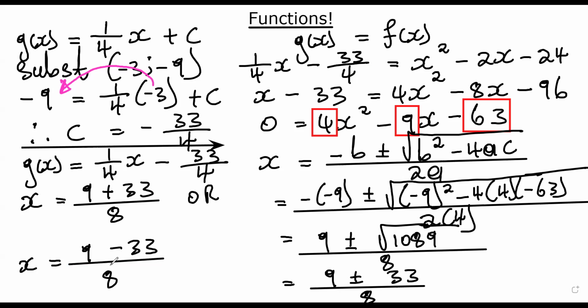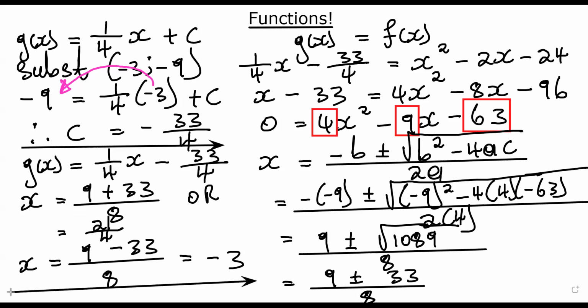So now when you go to your calculator and say 9 plus 33 divided by 8, you simply get 21 over 4. And if you say 9 minus 33 divided by 8, you get negative 3.